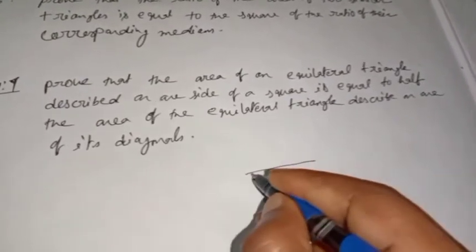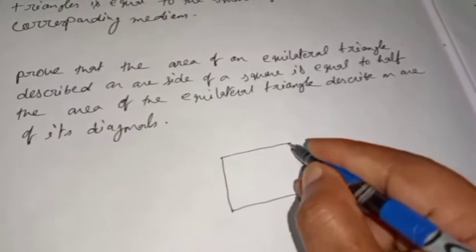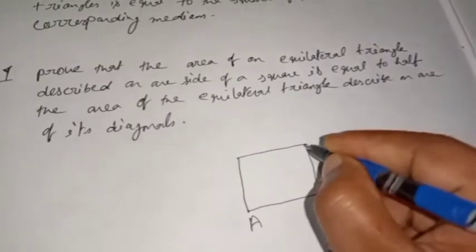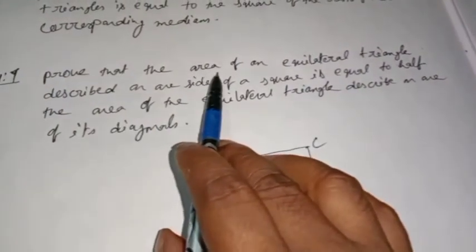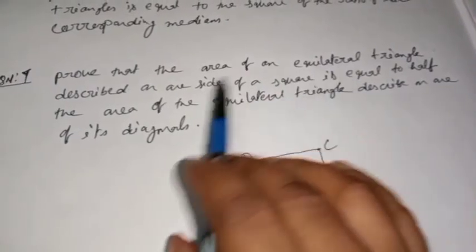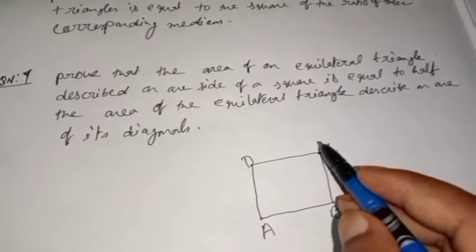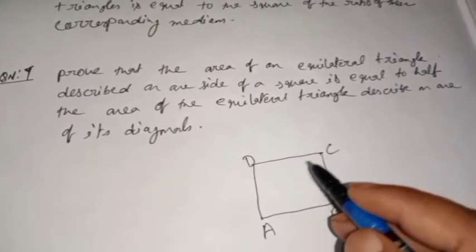Suppose you have a square ABCD. Now read the question: the area of an equilateral triangle described on one side of a square. You have to draw an equilateral triangle by taking the measurement of any side of this square.